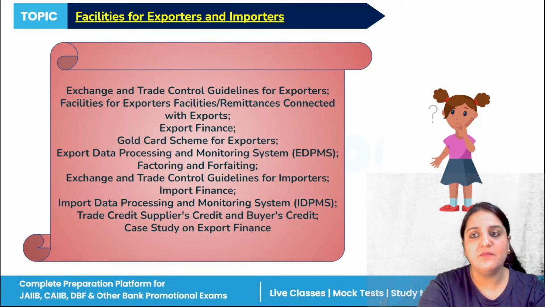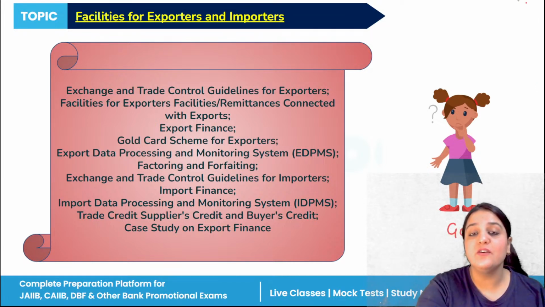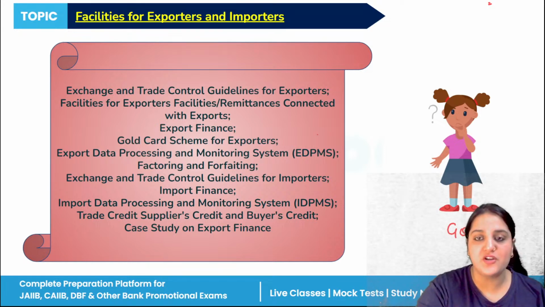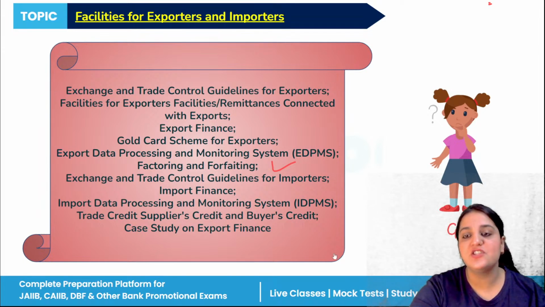In this there are some case studies on export finance, even what is the gold card scheme, what is the meaning of export finance, and what is factoring, forfeiting, the most important topics you are going to learn in this chapter.